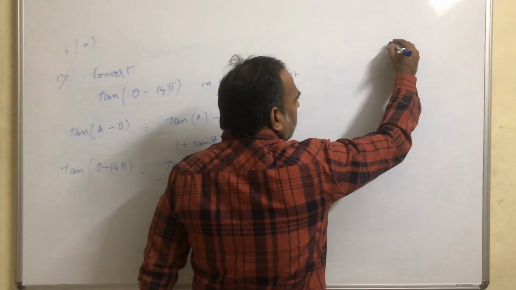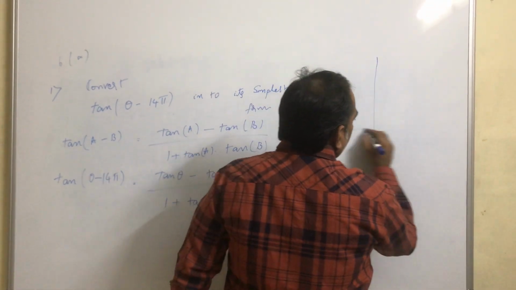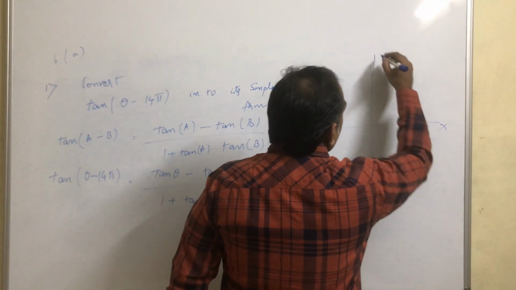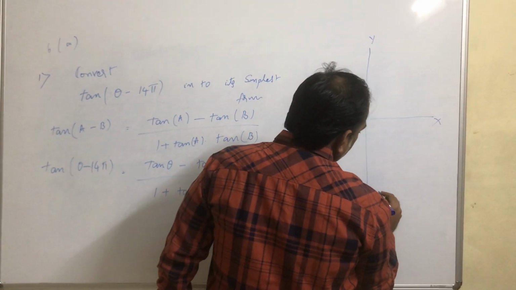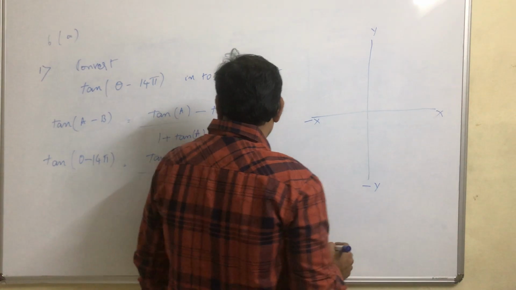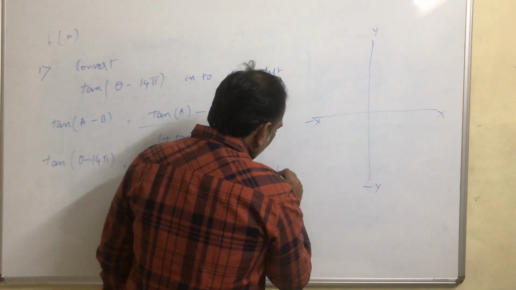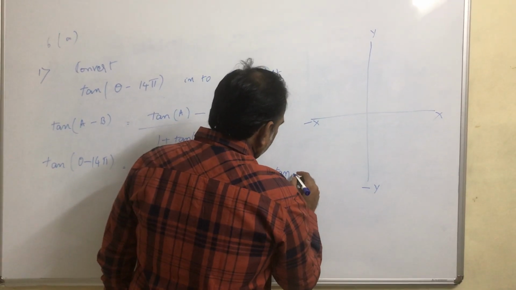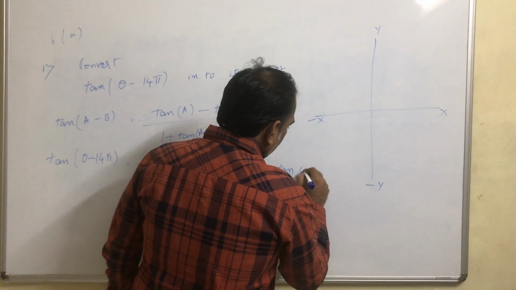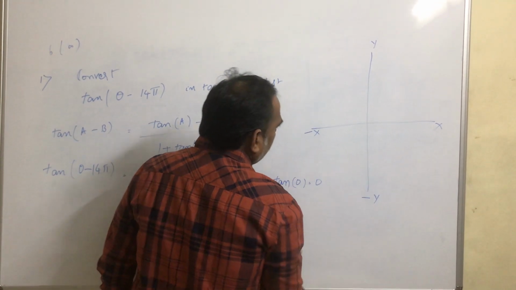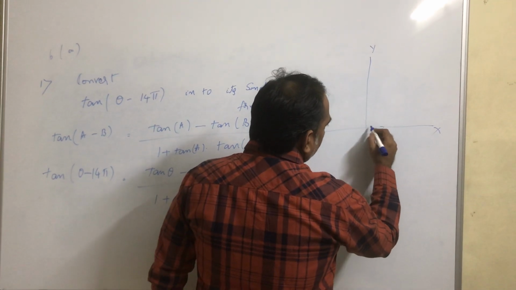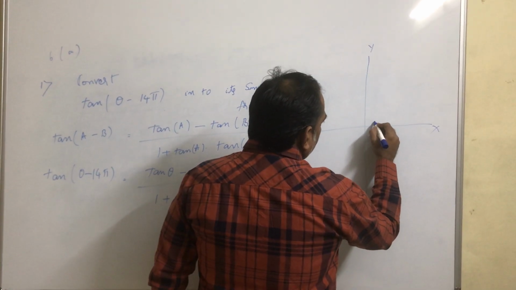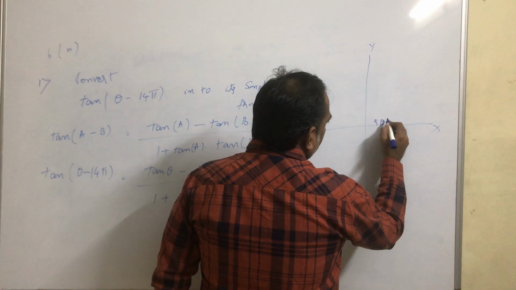Take a coordinate system. This is x-axis, this is y-axis, this is minus x, and this is minus y. We know that tan 0 equal to 0, and let us say this is theta.